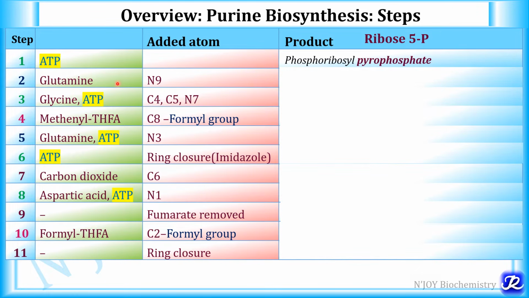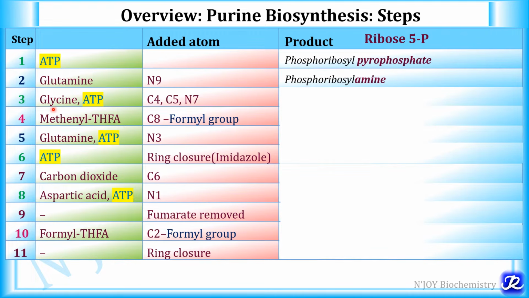Now in the second step, glutamine is involved and this glutamine is the donor of N9. This nitrogen is donated by the amide group of glutamine. So it becomes phosphoribosylamine.